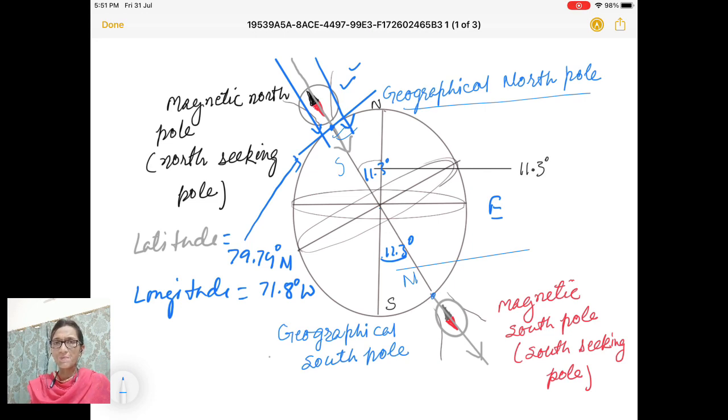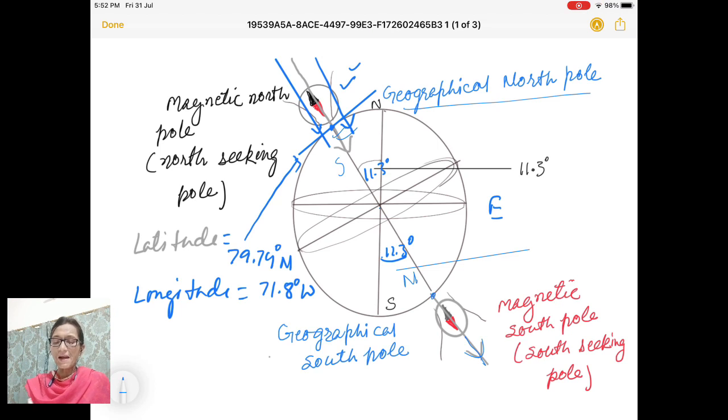But if you keep the compass needle vertically, then you find that the needle arranges itself in a direction such that the red end of the compass needle is perpendicularly away from the surface of Earth. So here the field is outward.